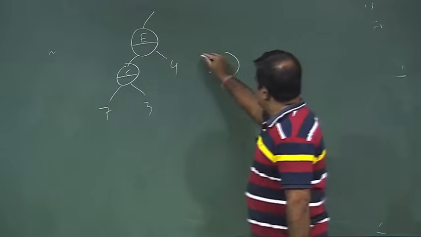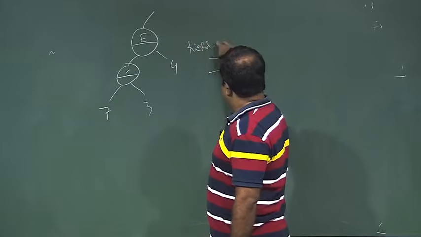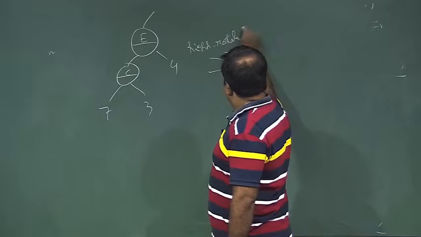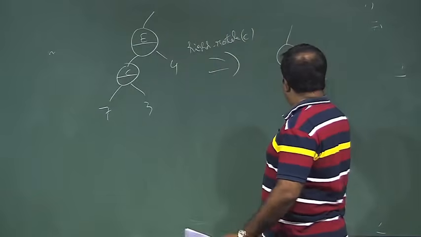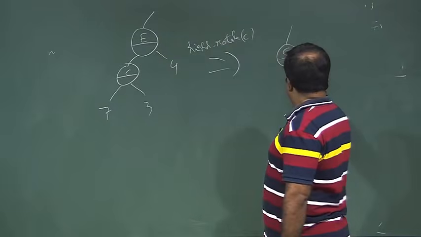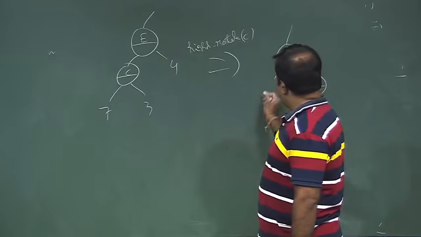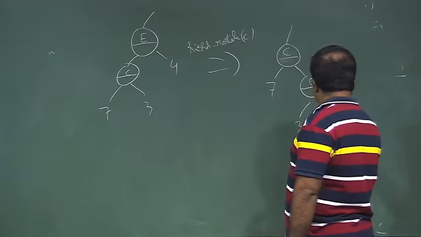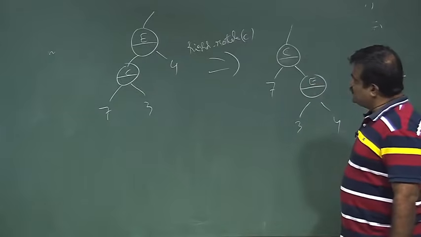So, this is basically a right rotate on C. So, C will be up and E will be down, and the left part, this 7 will be hanging here, 3 will be hanging here, and 4 will be hanging here. Okay. Now, how to make these changes?